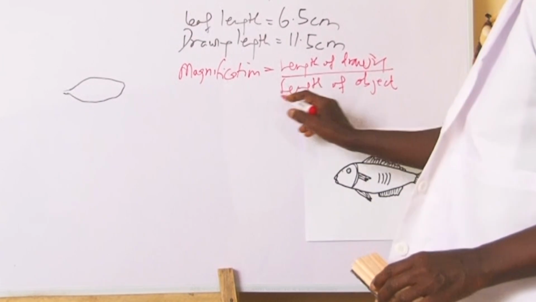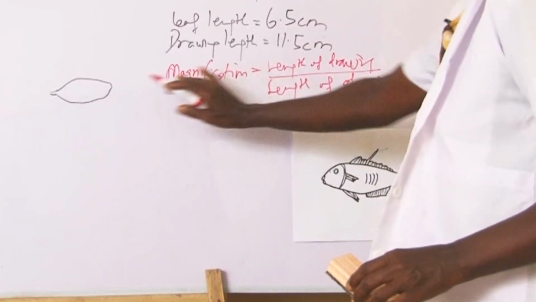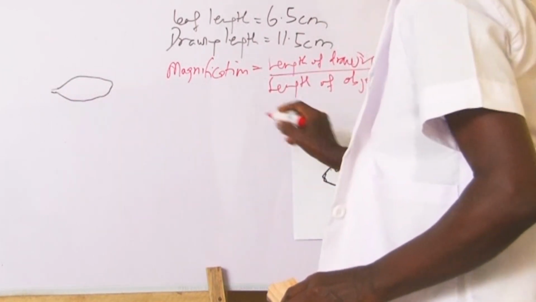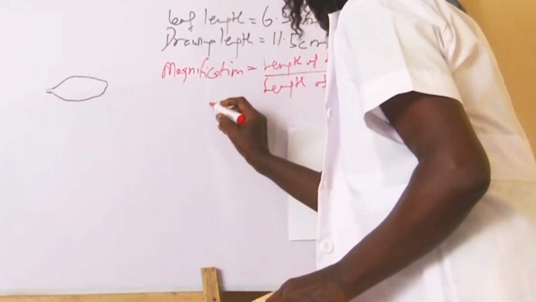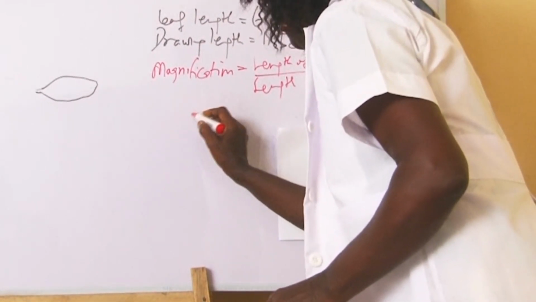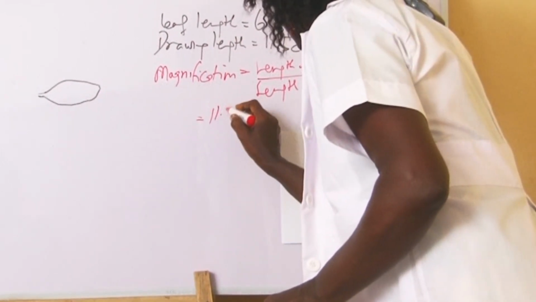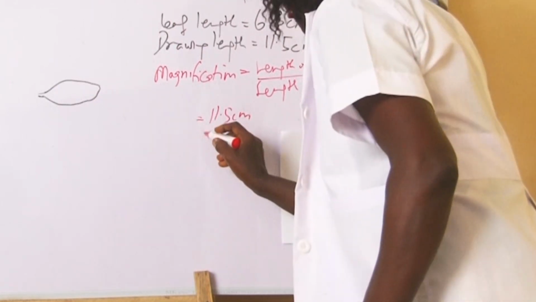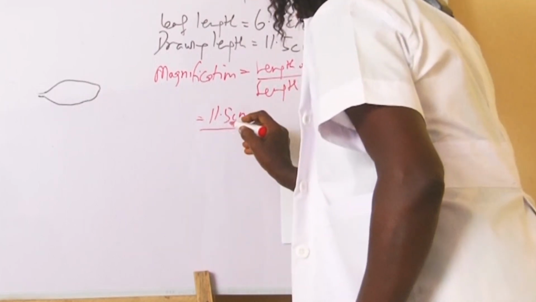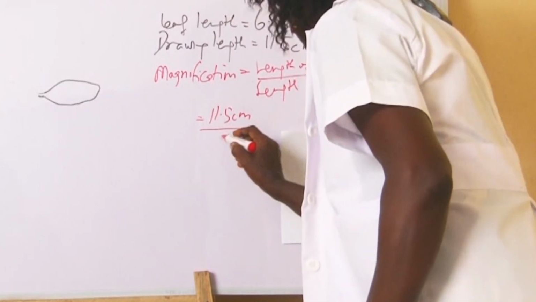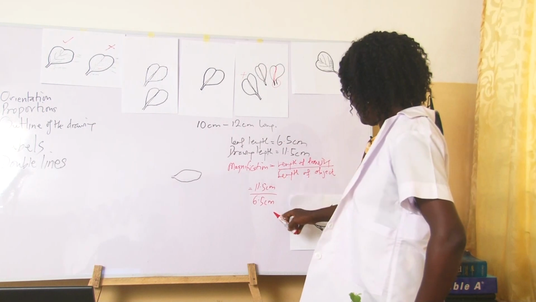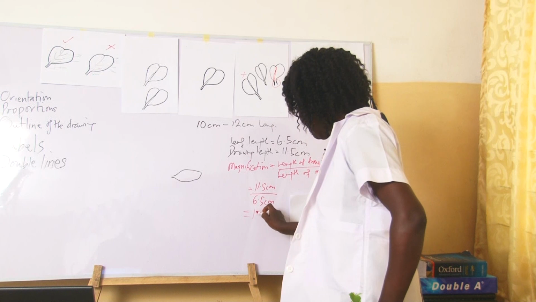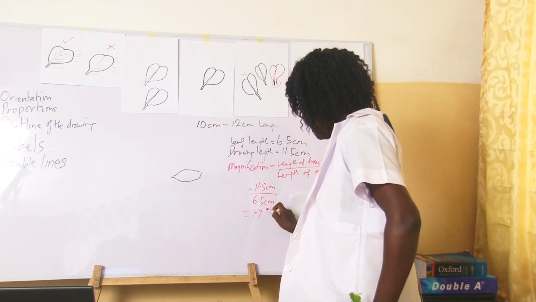So the length of drawing is 11.5 centimeters, and the length of object is 6.5 centimeters. When we divide that, we get 1.76.